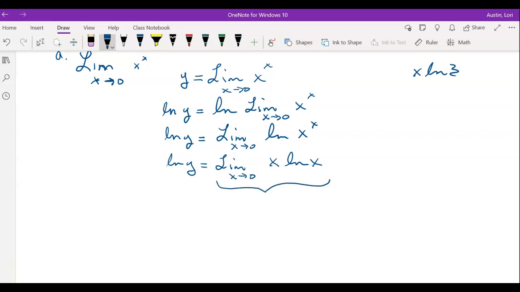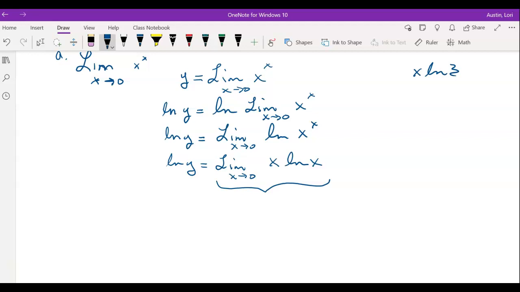All right. So let's look at that. Can I evaluate that? If I plug in a 0, yeah, that's not going to work, because I can't do L'Hopital's rule yet. I'm going to get 0 times infinity.